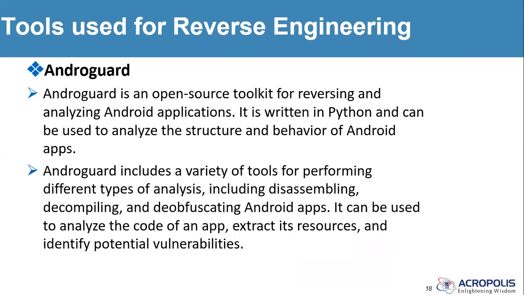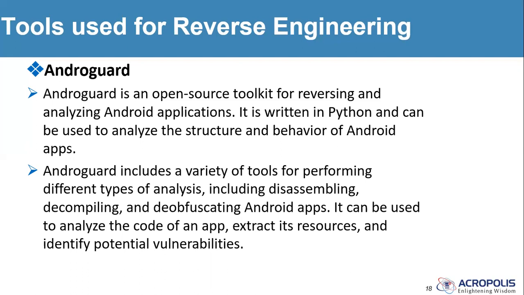Second, Androguard. Androguard is an open source toolkit for reversing and analyzing Android applications. It is written in Python and can be used to analyze the structure and behavior of Android apps. Androguard includes a variety of tools for performing different types of analysis, including disassembling and decompiling Android apps.